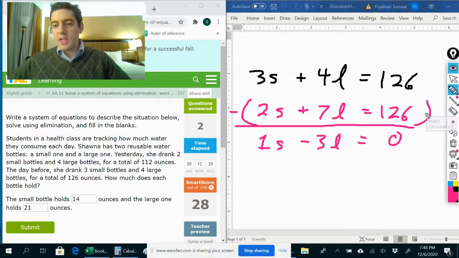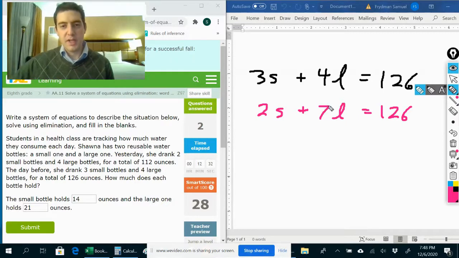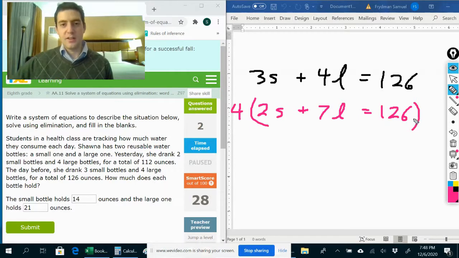So just a reminder, if that happens, then the first thing you're going to do is multiply. I could choose which variable I wanted to eliminate. If I wanted to eliminate, let's say, the L terms, then I could multiply this equation by 4. Every single thing would have to get multiplied by 4, this, and this on the other side also.